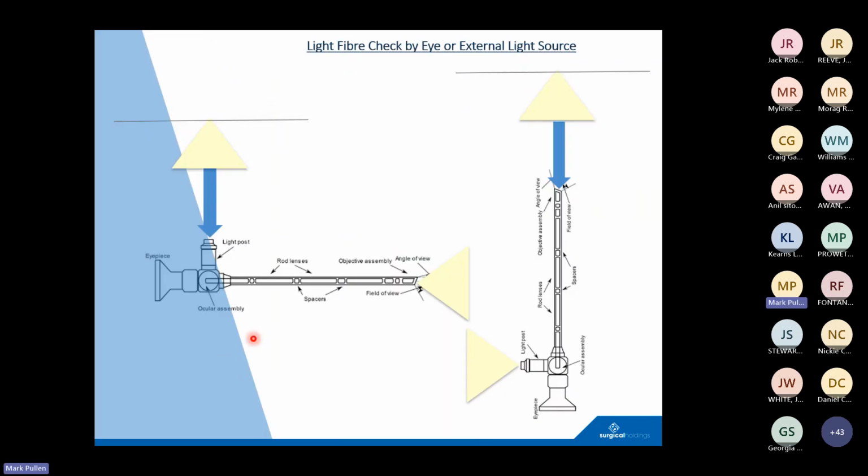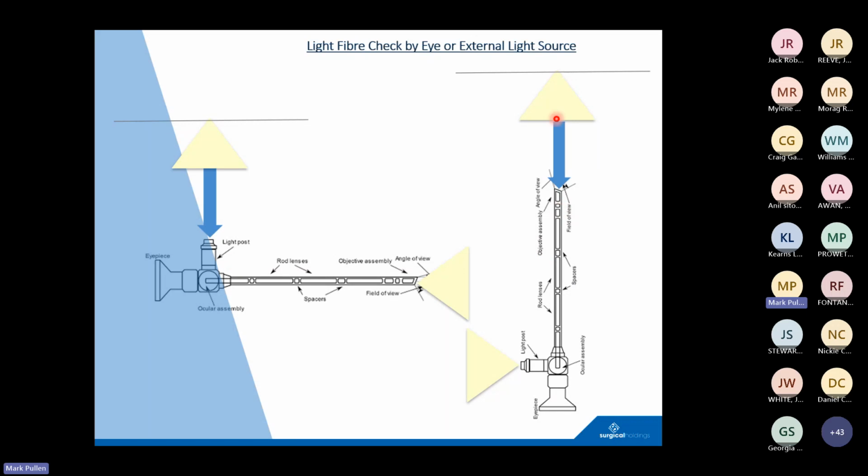So there's a few basic easy checks that you can do to test the light function of the scope. You can hold the light post up to a light source. This doesn't have to be a light lead. You could hold it up to a fluorescent light, ceiling light, anything like that, and that should show you light transferring through the scope to the distal tip. What you can also do is reverse that.